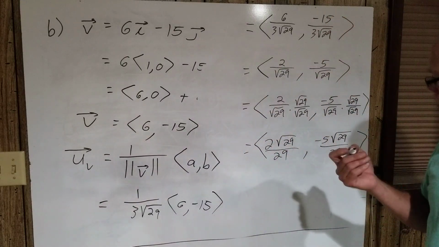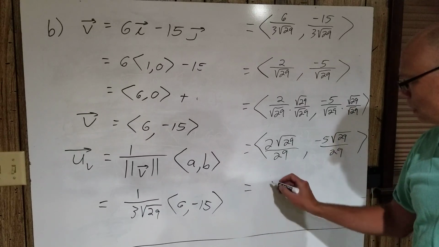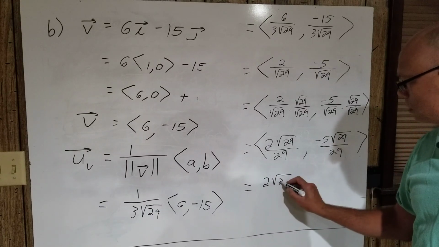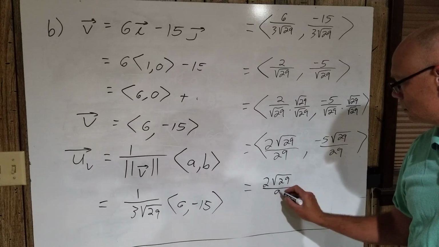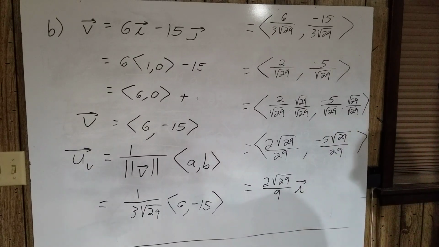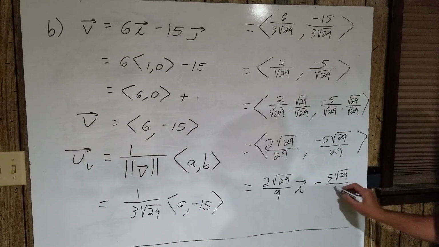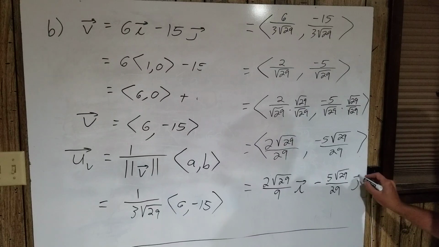So what you do is you picture this thing being 2 square roots of 29 over 29 times i minus 5 square roots of 29 over 29 times j.